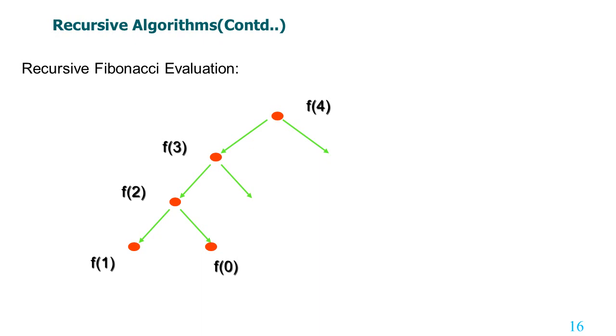Here F1 is equal to 1 and F0 is equal to 0. When we add F1 and F0, we get F2. Similarly, when we add F2 and F1, we get F3. And when we add F3 and F2, we get F4.